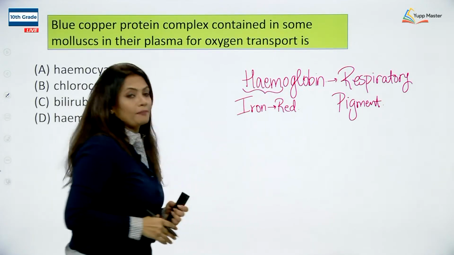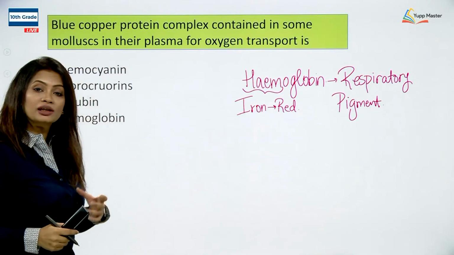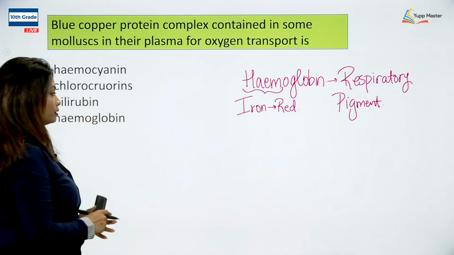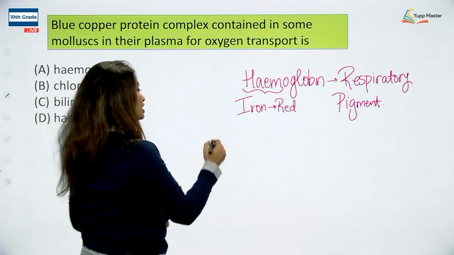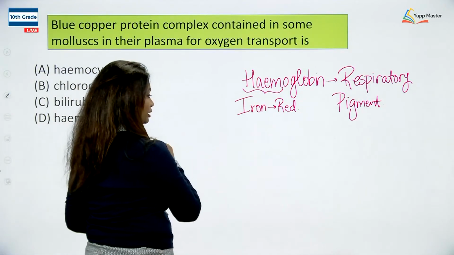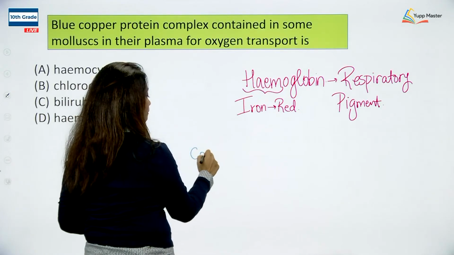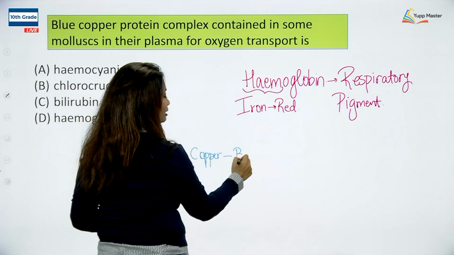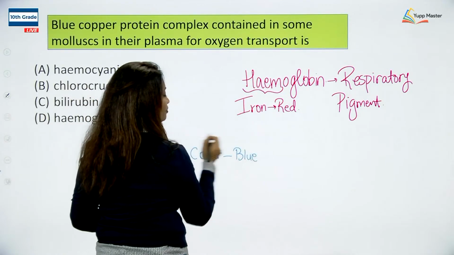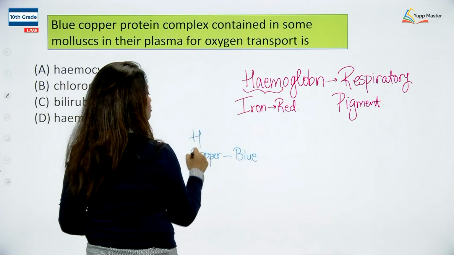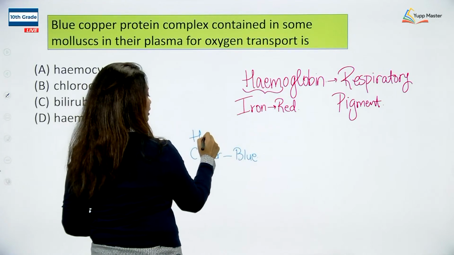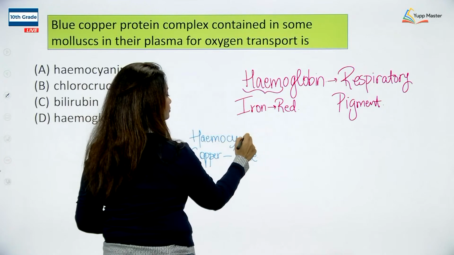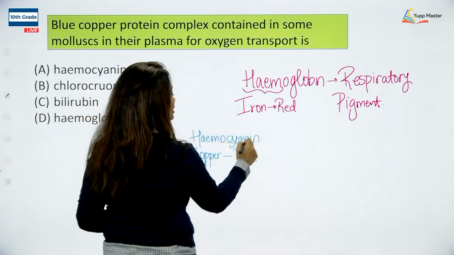Alright, okay. But then when we talk about certain molluscs, these molluscs have a respiratory pigment which is bluish in color. In fact, it contains copper, and copper is making it slightly bluish, and that's why we call that not hemoglobin, but hemocyanin, because cyan means blue.